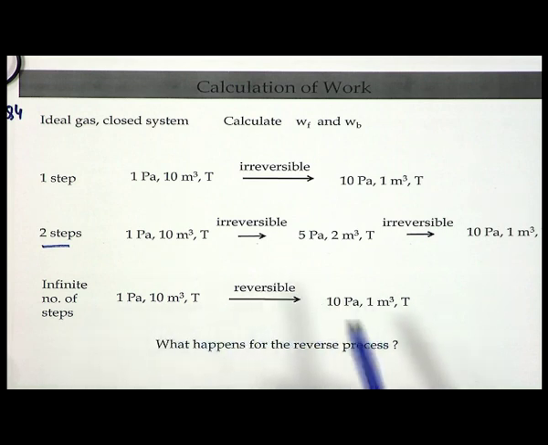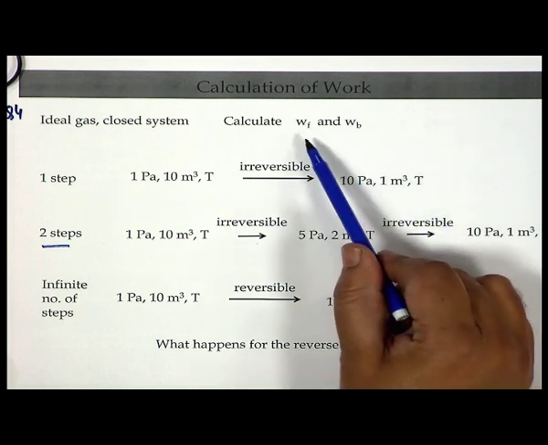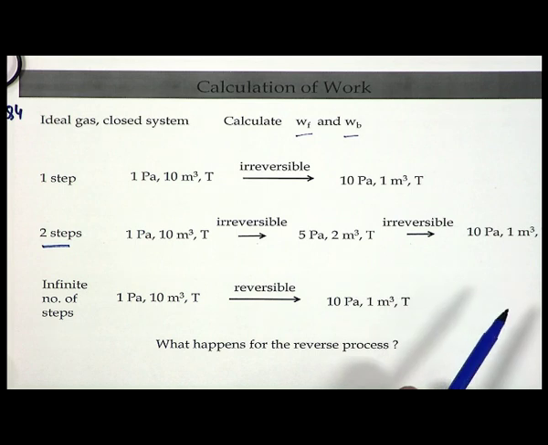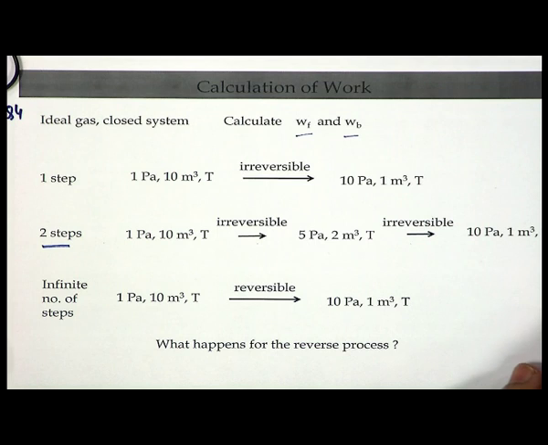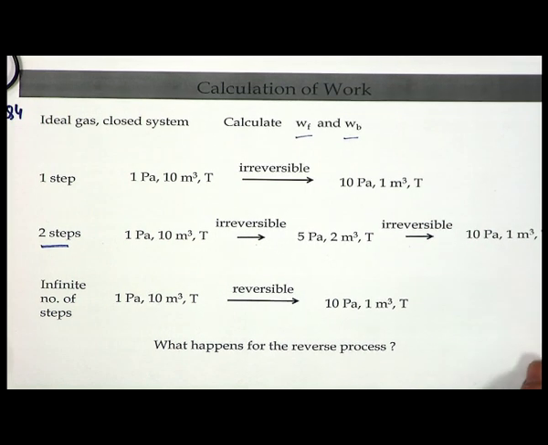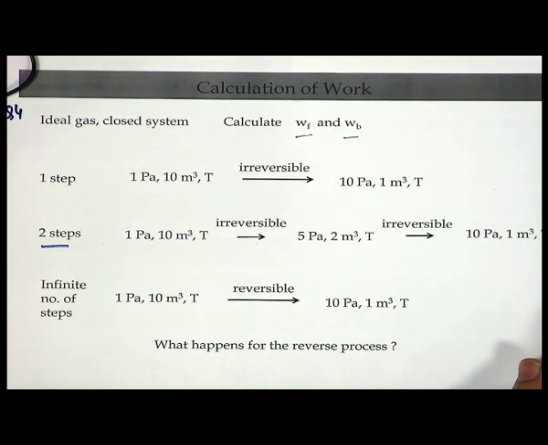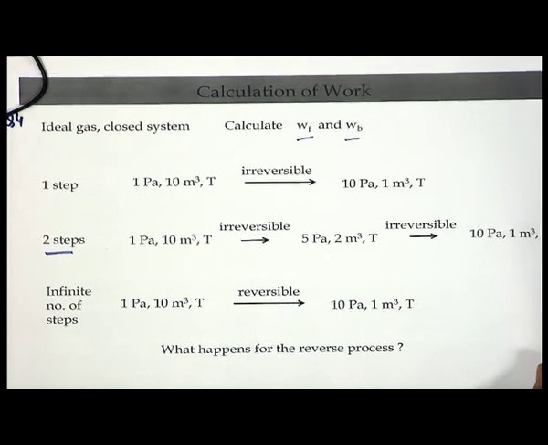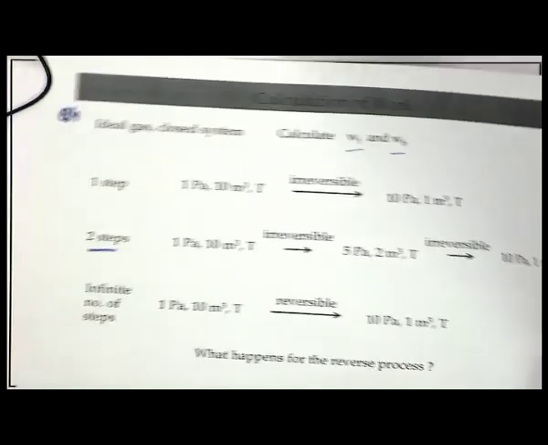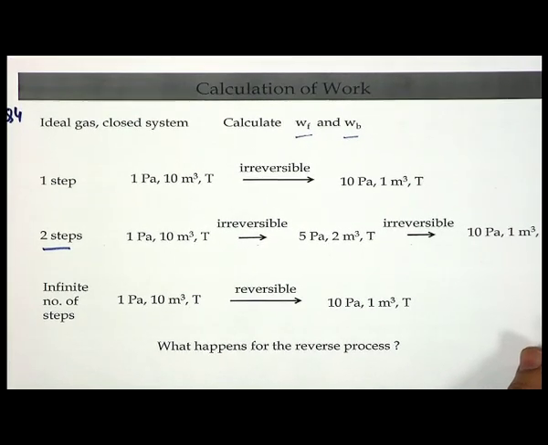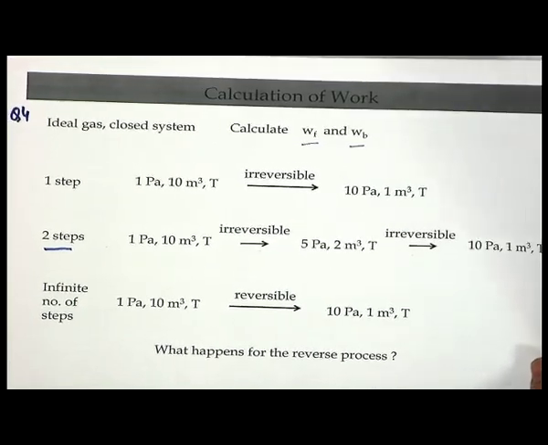And you also calculate the work done in the forward direction and the work done in the backward direction, and you will see that again the value of work will be different as you change the process. So, that you can do yourself at home.